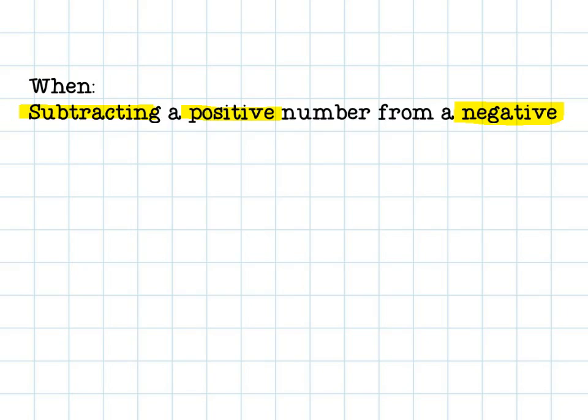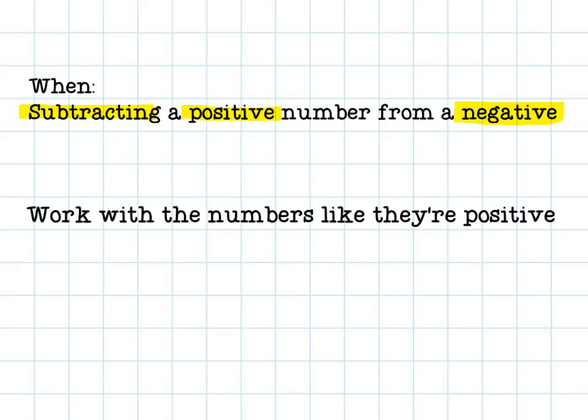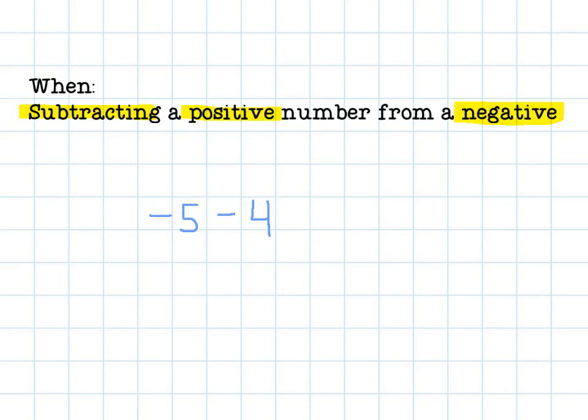Let's move on. So when you're subtracting a positive number from a negative, you need to do the same thing. Work with the numbers like they're positive. I'm going to be using the example negative 5 minus 4. First, forget that negative 5 is negative and just turn it into a positive number.